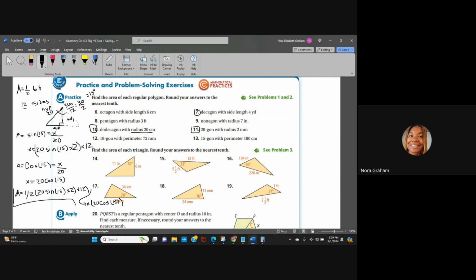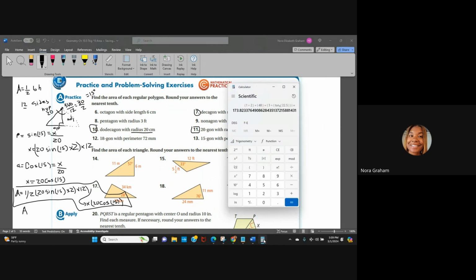Now I'm going to go ahead and plug this into my calculator and see what we get. All right, so let's go ahead and do the calculator work. Let's clear this. So I'm first going to get 1/2 times, I'm going to put this in parentheses, 20.